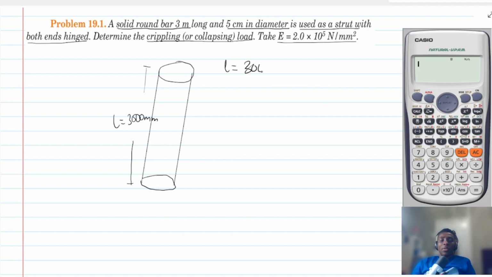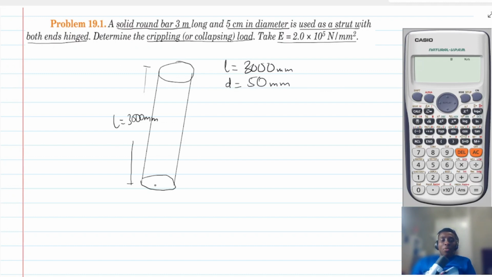L is 3000 millimeters, which is the same as 3 meters. And then the diameter is 5 centimeters, which is the same as 50 millimeters. So now what do we have to do?